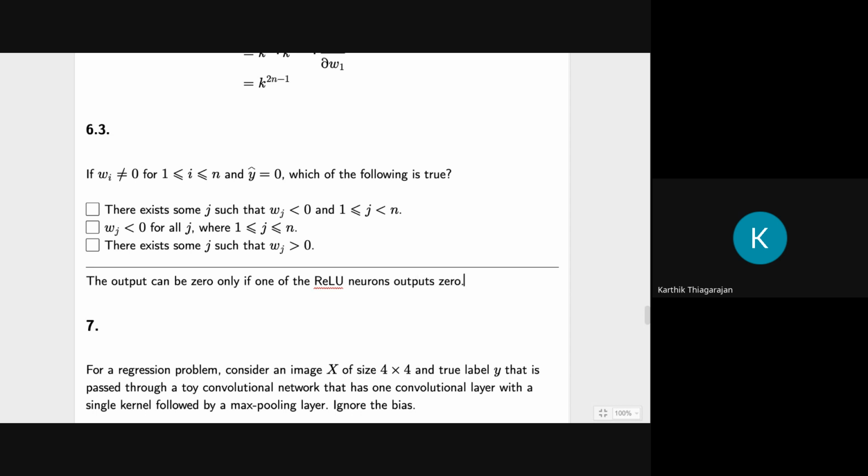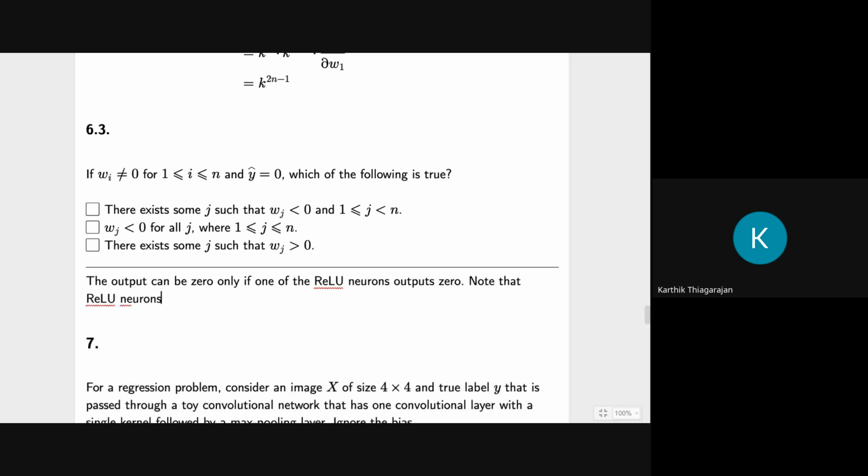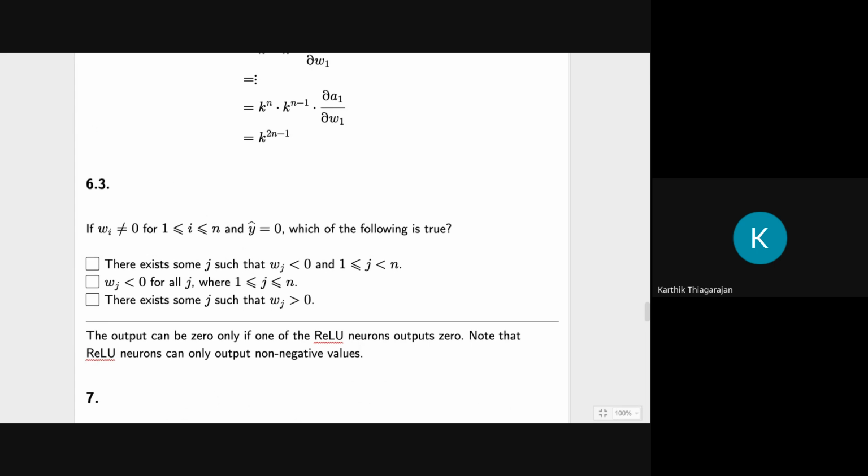If every ReLU neuron outputs some positive value, see, ReLU neurons can only output non-negative values, right? So if every ReLU neuron is going to output some positive value, the output is going to be positive. It won't be 0. So for you to have a 0 output, you need a black sheep somewhere.